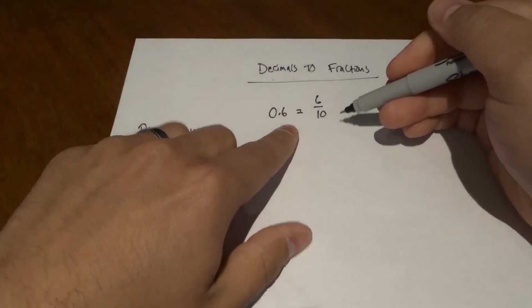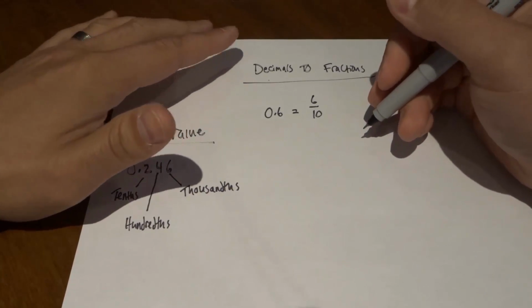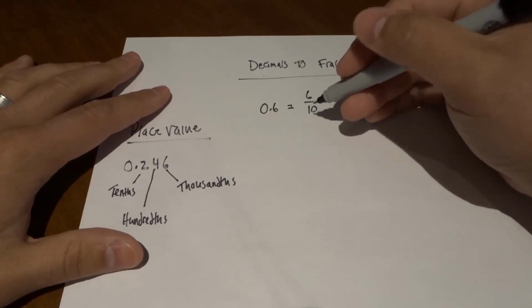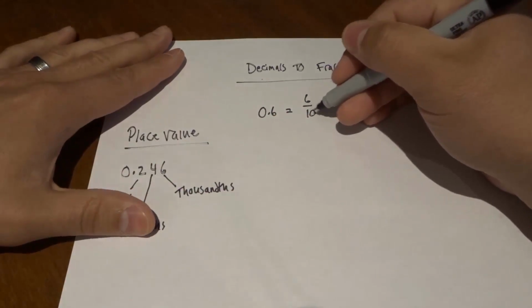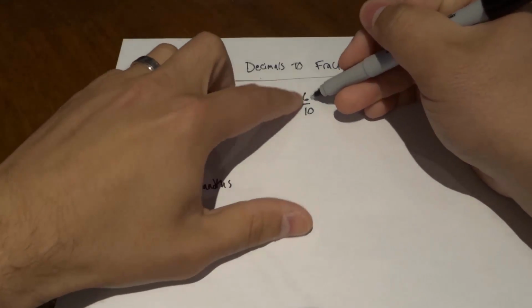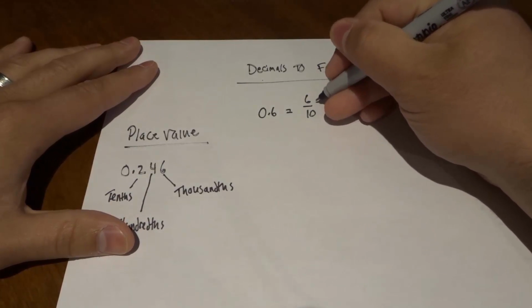And there's your fraction, but to take this even further, we're going to convert this to a lower number. We're going to take 6 over 10 and see if there's a number that we can divide both of these numbers by. I know that I can divide both of these numbers by 2.